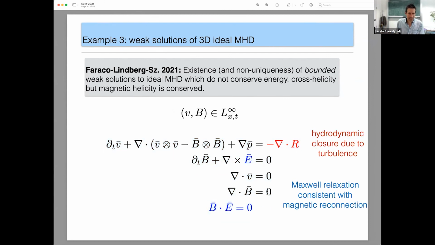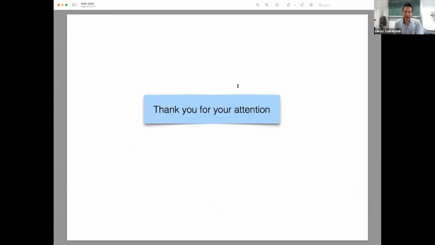But in the Maxwell term, we have to basically realize, essentially based on the Tartar-Murat div-curl lemma, that the electric field is still constrained to be perpendicular to B. And once you realize this, and then use some tricks and technical details, you can construct such weak solutions. So I just wanted to emphasize again the importance of understanding the weak closure of the system of equations under consideration. Okay, thank you for your attention.